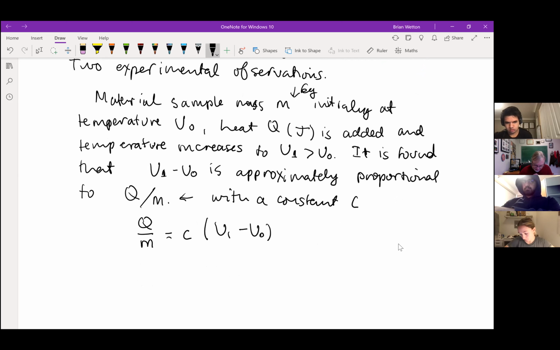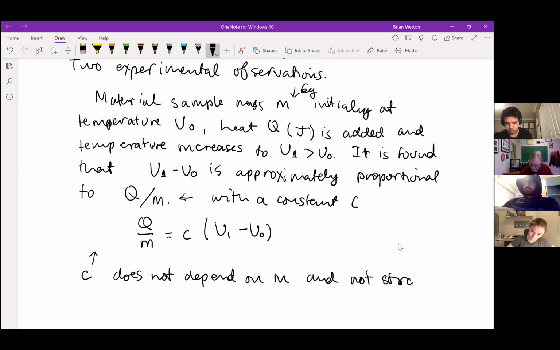Okay, and for solids, this constant C does not depend on M. And it also does not depend strongly on the initial temperature in a range. Here's where the linearization is happening, right?